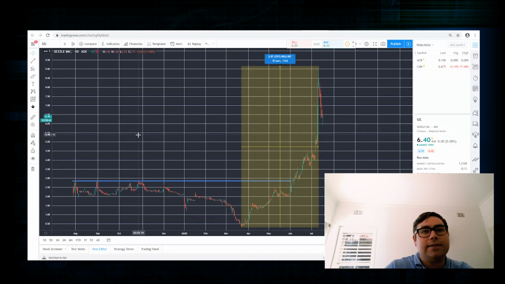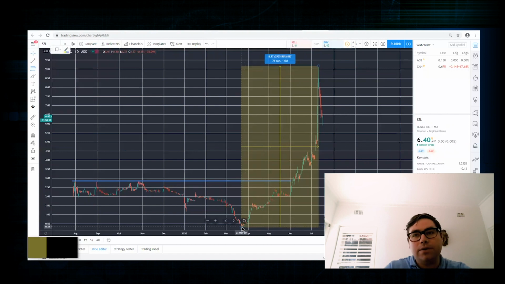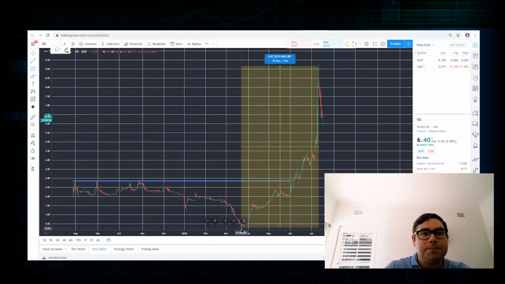And I'll just do that on this chart of Sezzle right here. So here you have potential Fibonacci retracement. I won't go into what a Fibonacci retracement is, but you can learn more about it on a variety of different outlets. But the main idea is it gives you some levels at which you can set a stop loss. So from the March market lows to the high recently on 9 July, you can see some resistance that it punched through here.